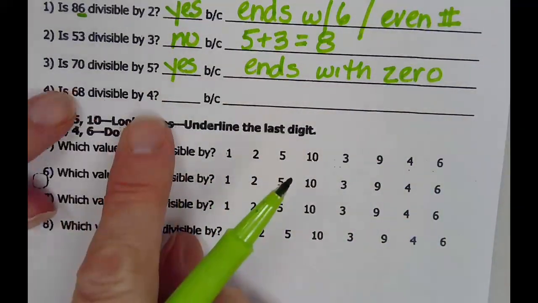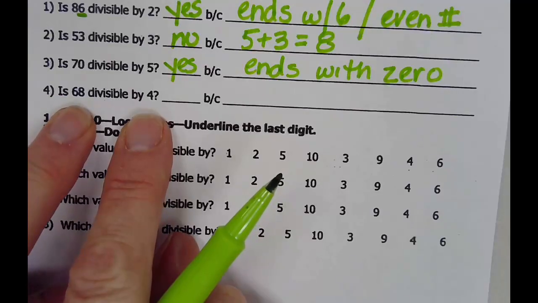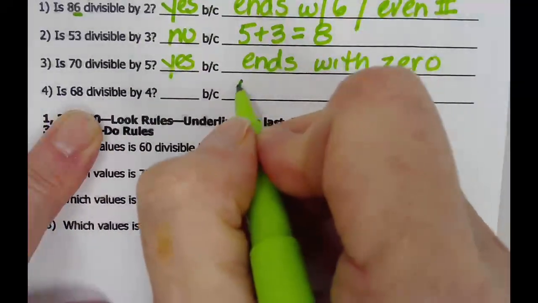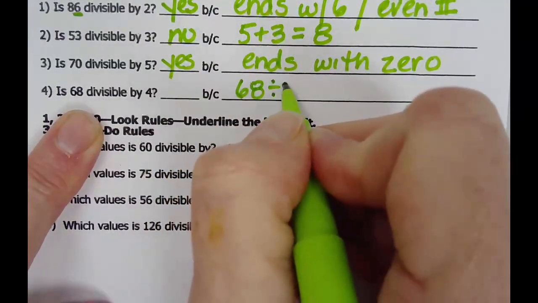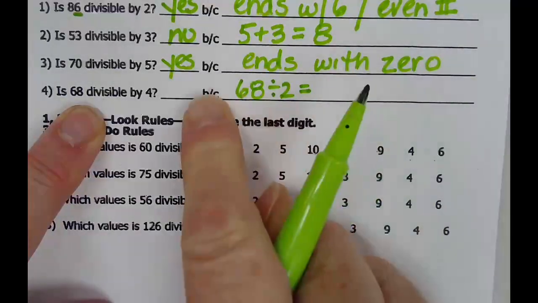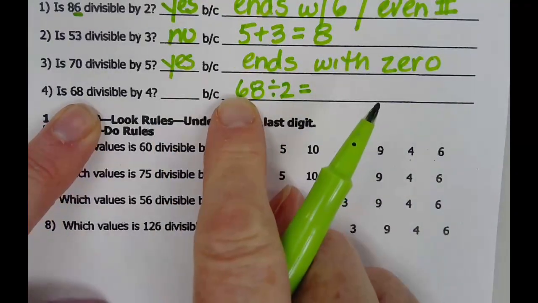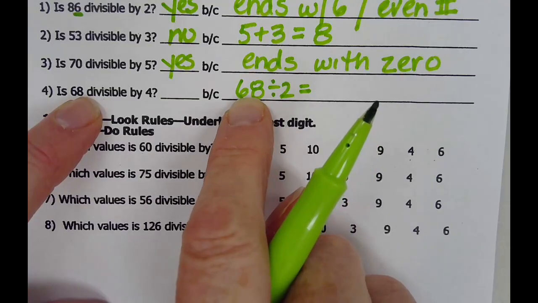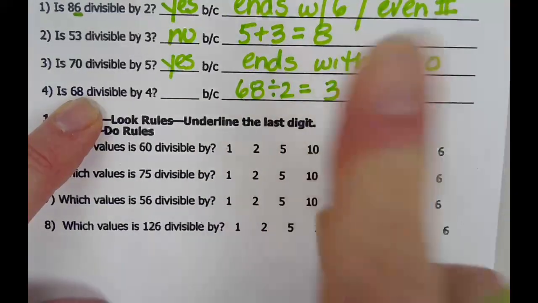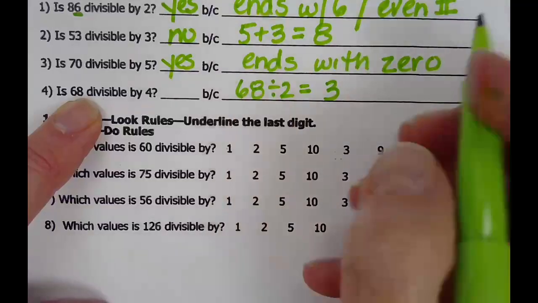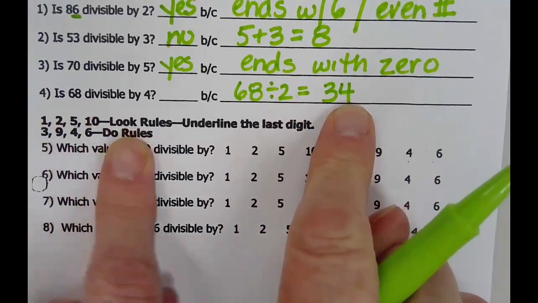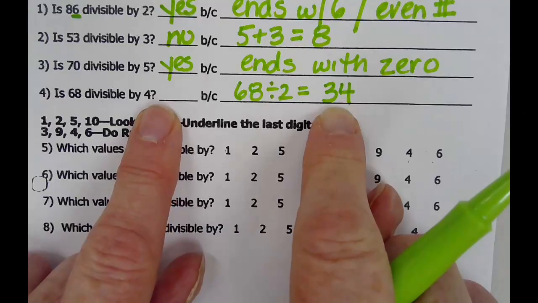All right, is 68 divisible by 4? Takes a little bit of work. So we have to see, first, does 2 go into 68 evenly? Okay, so how many times does 2 go into 68? How many times does 2 go into 6? 3. How many times does 2 go into 8? Okay, now, it went once. When I get this answer, is this an even or an odd number?